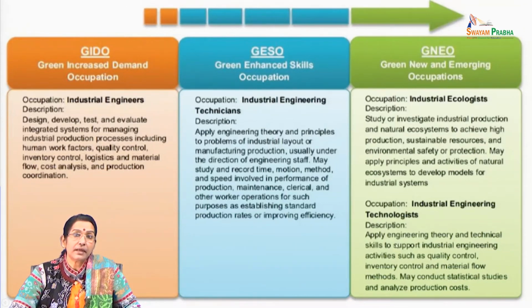They apply engineering theory and technical skills to support the industrial engineering activities of quality control, inventory control and material flow methods, and may also conduct statistical studies to analyze production cost. So, this is an example, like a course on industrial engineering: from the present occupation demands, how we can enhance the skills and competencies, and how we can move forward.